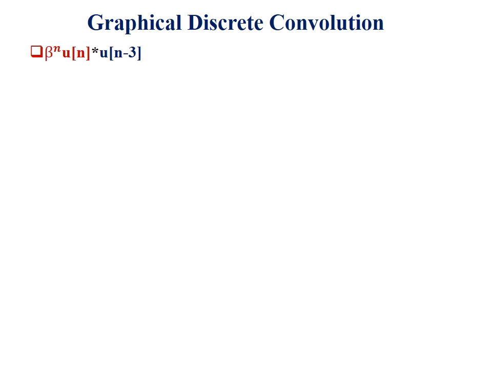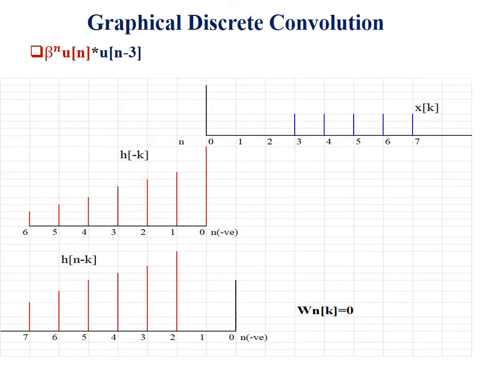Let us go on to a slightly improved version of a problem wherein the problem is beta to the n into u of n convolved with u of n minus 3. Let us try to sketch the two signals.